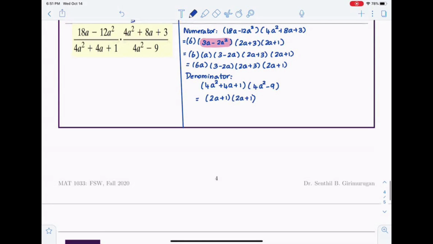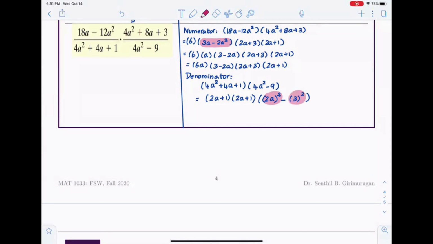Now, the 4a squared minus 9 term, I could write it as 2a squared, which would be 2 squared with 4 times a squared, resulting in 4a squared. I could write that 9 as 3 squared. So what I have here is a special product of the form a squared minus b squared.